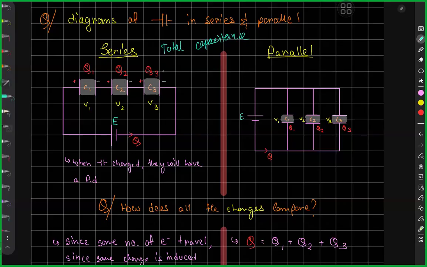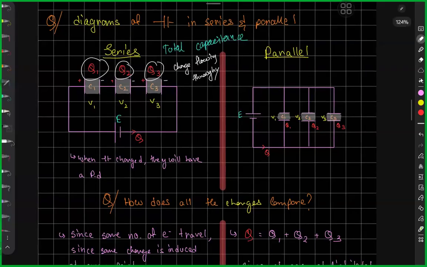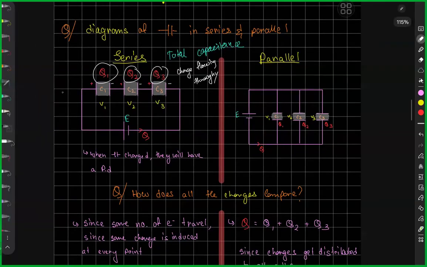Let me clarify. These denote charge flowing through. That is the definition of Q1, Q2, and Q3. So how much charge is passing through these capacitors? Sure, by induction, that is not a problem.